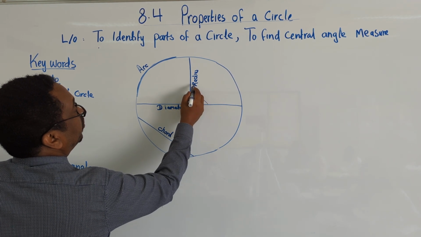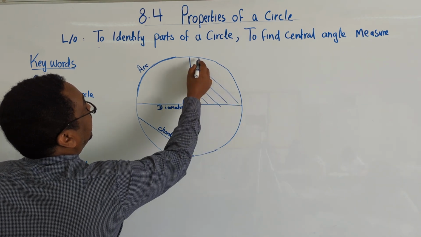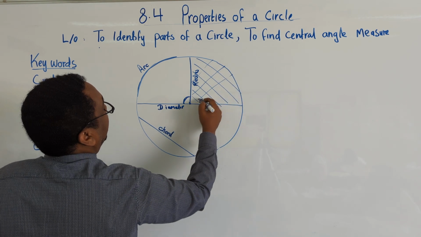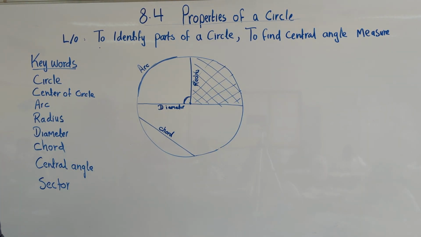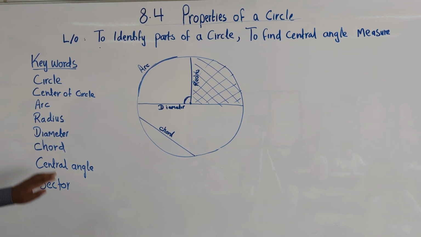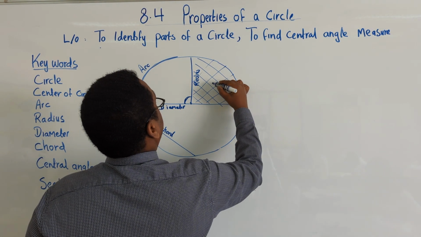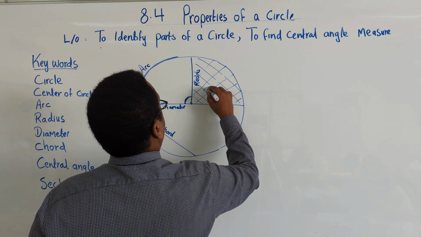I'm going to just put that line here. So what do we call here? The sector. The sector is a piece of the pie. So if you want, you can write down sector. So this is the sector.